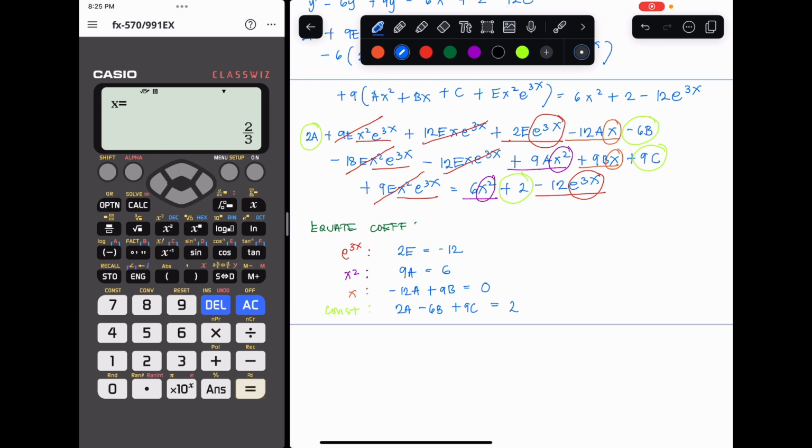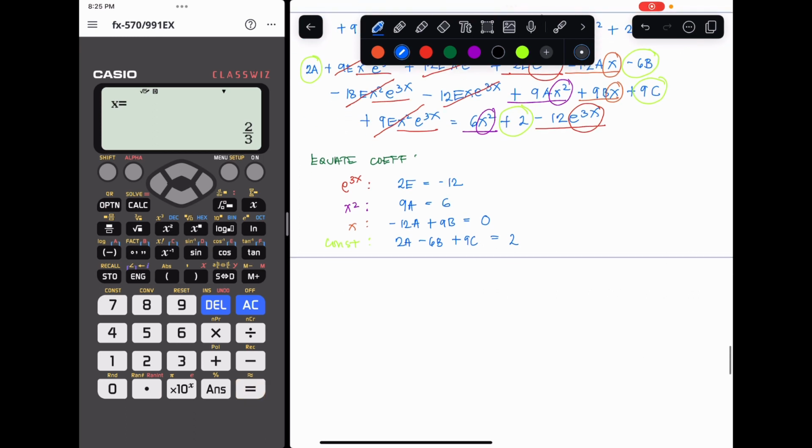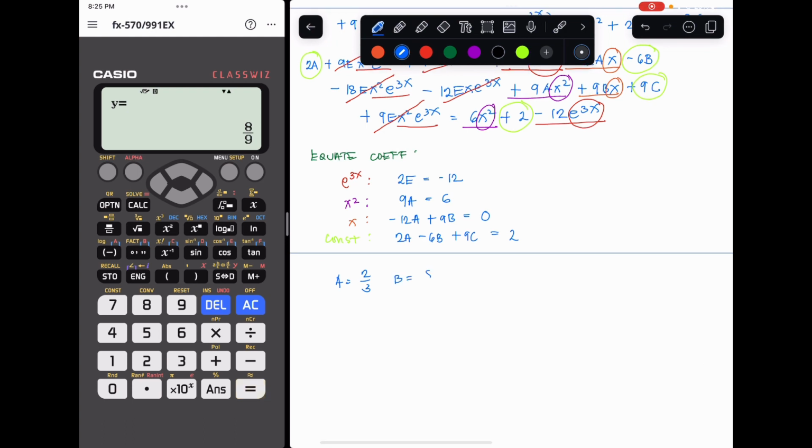And we're going to write the value of a. So a then is equal to 2/3. b is 8 over 9. c is 2/3. And then our last variable, e, is equivalent to negative 6.